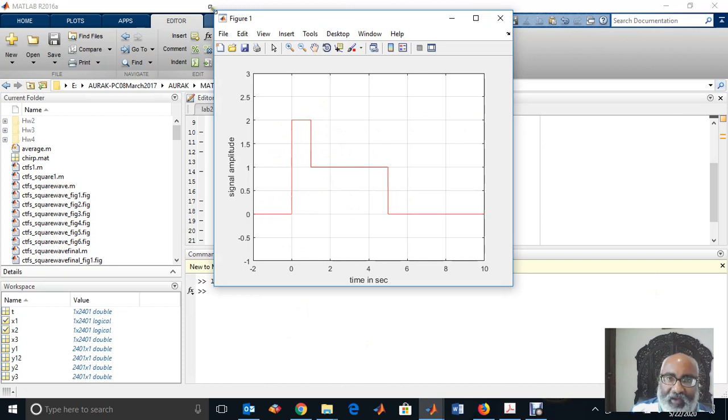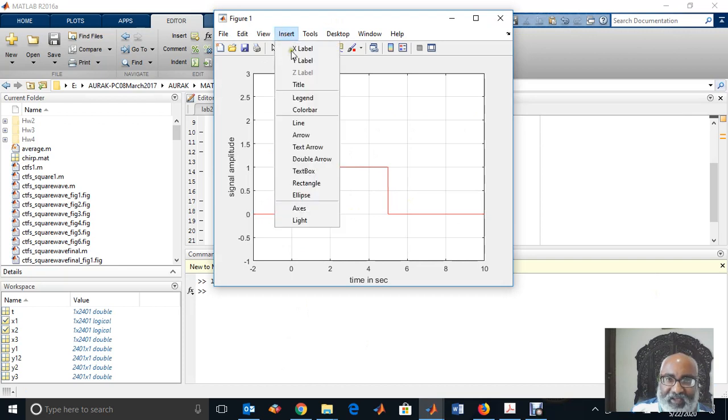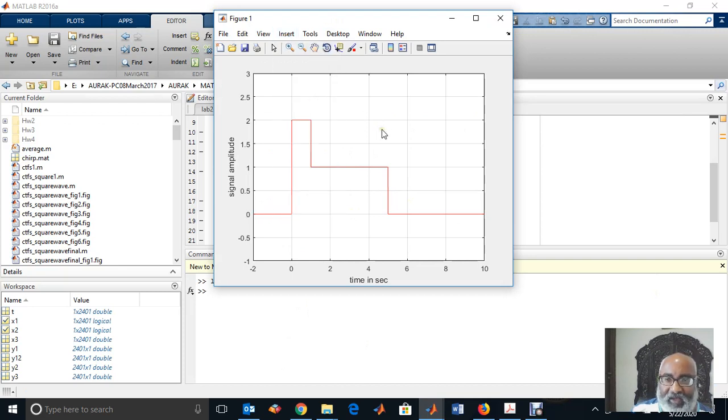How can we see it? If we insert here a legend, for example, legend means labeling each output. You give a label for each output. Then we will see that we have two colors here. It's a little slow here.